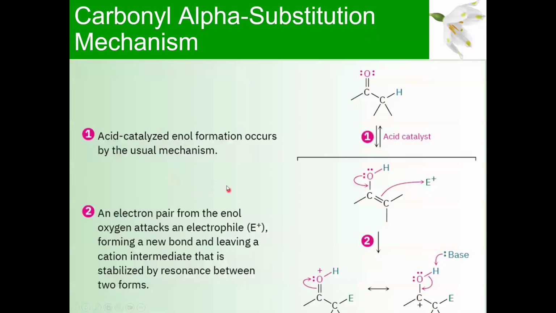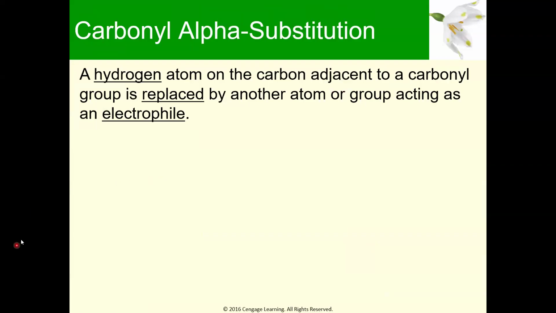And then if you look on the back there, it has the mechanism when it's acid catalyzed. We don't have the mechanism laid out when it's catalyzed by a base. But if we have an acid, we protonate the oxygen here, and that gives us the enol form.